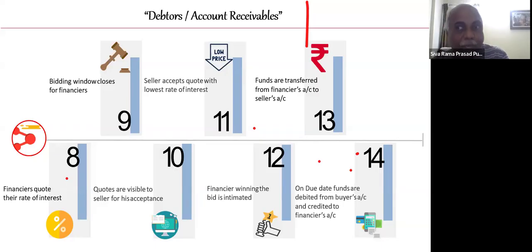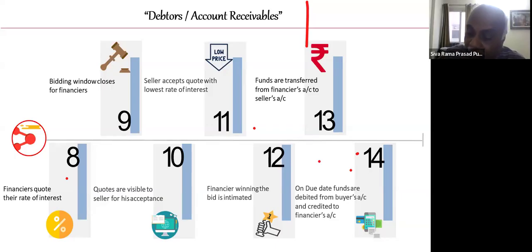If the buyer does not pay, the loss will be borne by the financier. And in case the company is under CIRP, the financier will claim as an operational creditor, not a financial creditor.